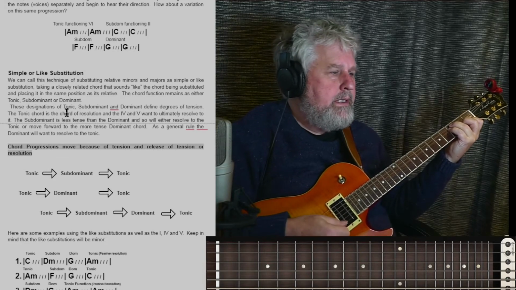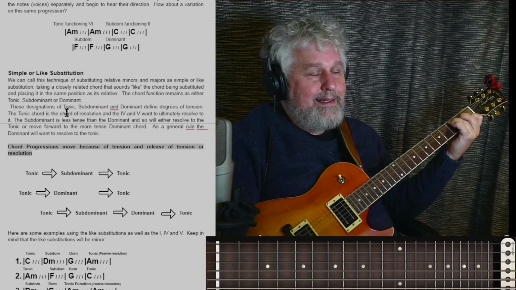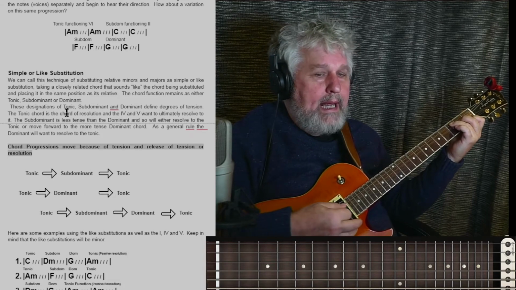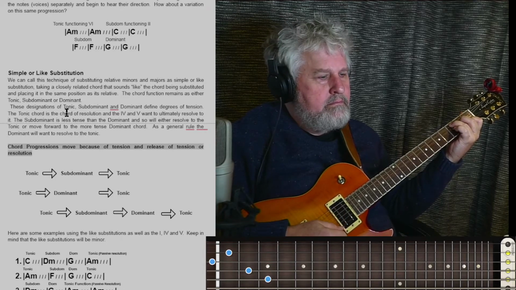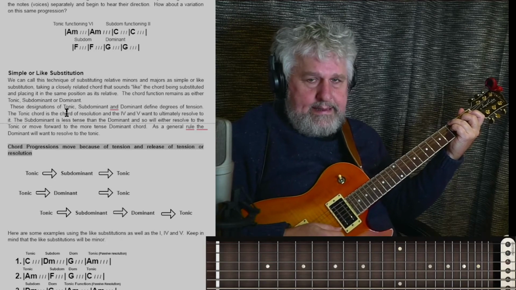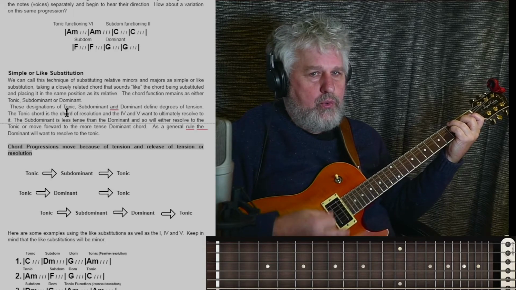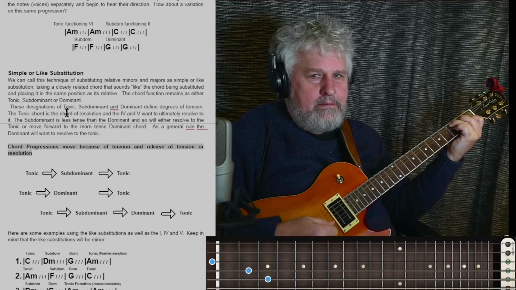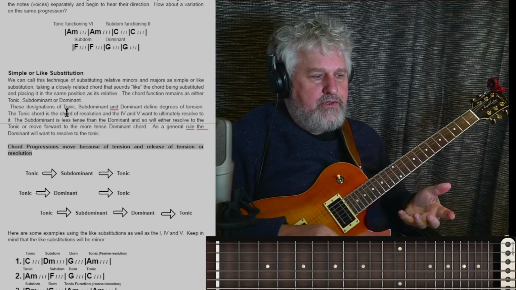The subdominant is a nice, happy kind of passive resolution. Whereas the dominant says, I want to go back home and I want to go there pretty soon. Right? So they're varying degrees of tension.